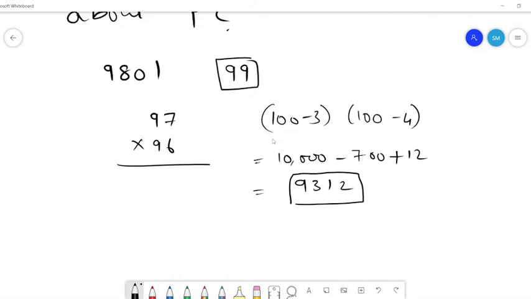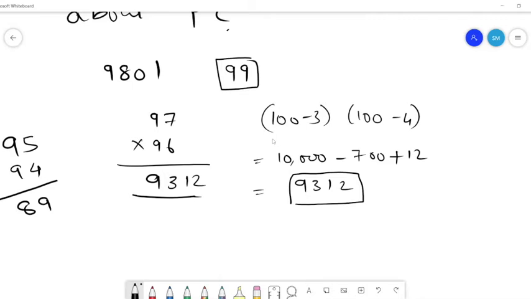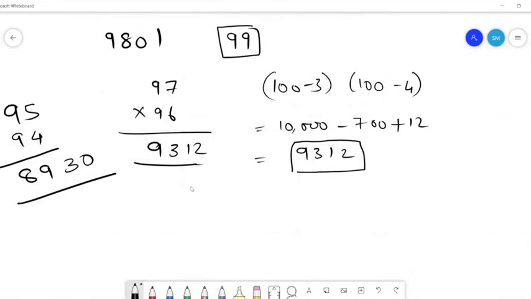Can you think of getting the answer in 1 step? Using this method Nikhilam, we can write the answer in 1 step, just looking at the numbers. If it is 95 into 94, then this is 8, 9, and the same thing applies to numbers which are over 100 also, like 104 into 105.